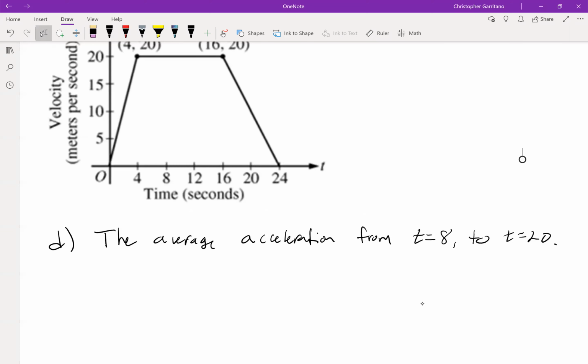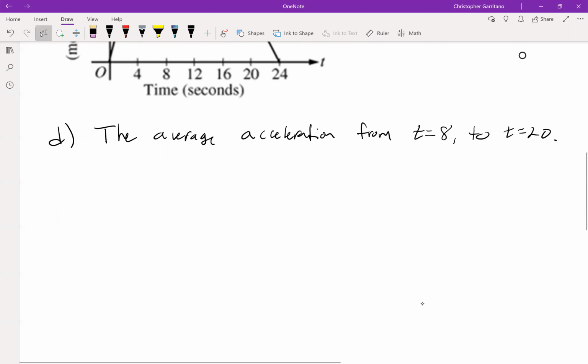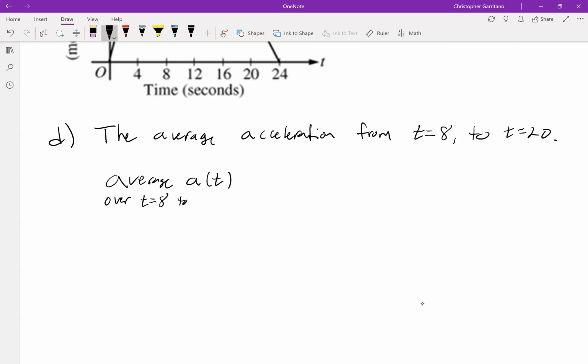All right, so basically, if we want the average acceleration, the average value of a of t over t equals 8 to t equals 20.